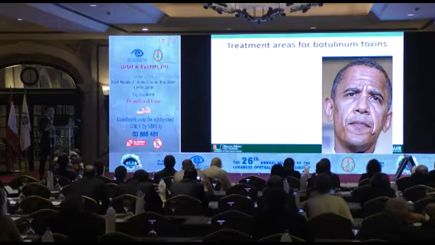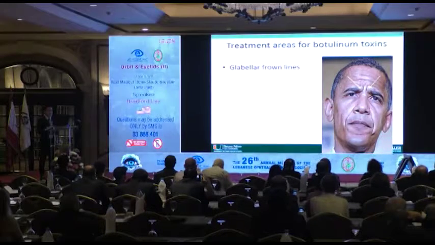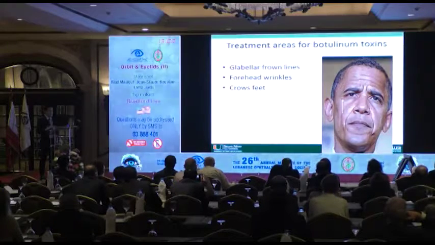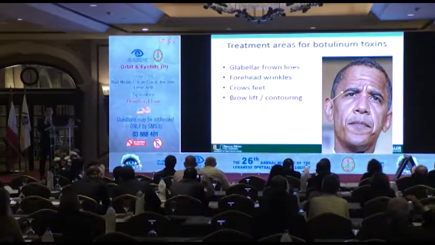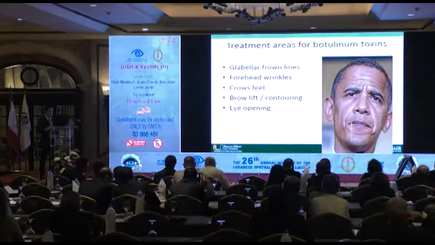And what are the typical aesthetic indications? All of us Americans miss this guy, but we won't get into politics here. Glabellar frown lines, so the corrugators contracting in the glabellar region, forehead wrinkles from the frontalis, the crow's feet, which are wrinkles from the orbicularis oculi muscle contractions, and then brow lifting and brow contouring, which are a function of both the lateral orbicularis oculi muscles as well as the frontalis.